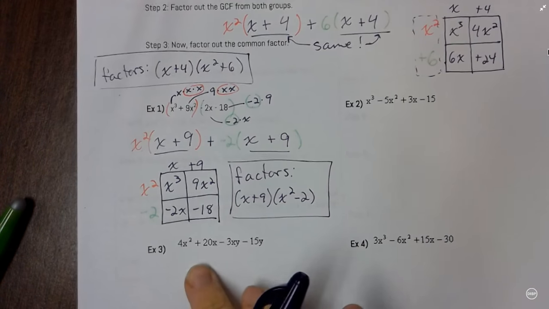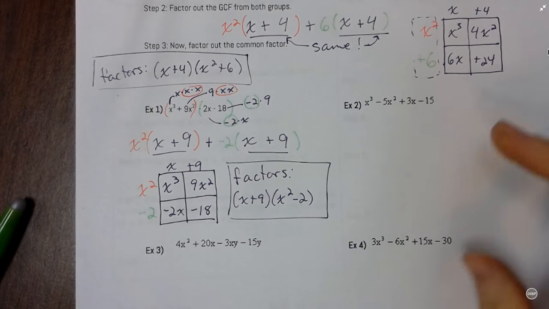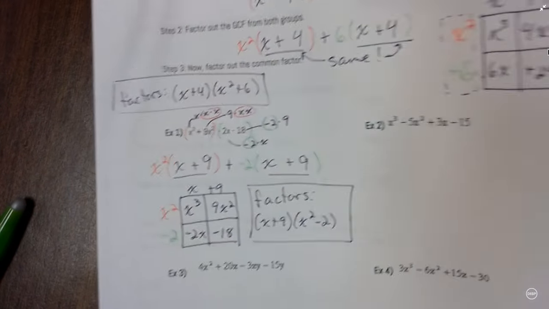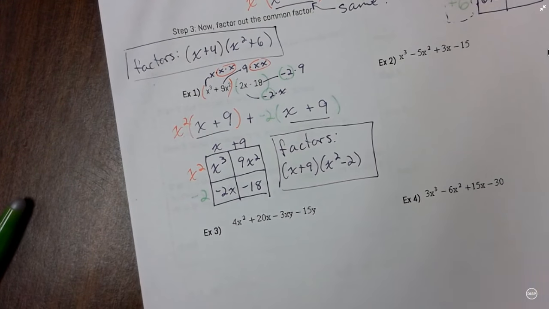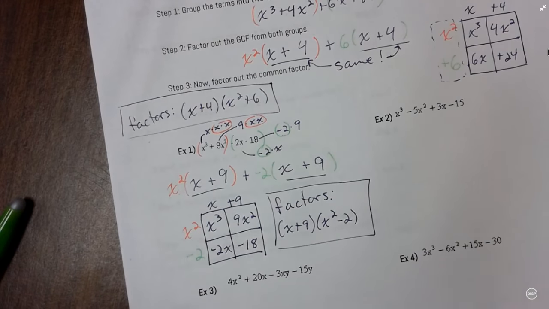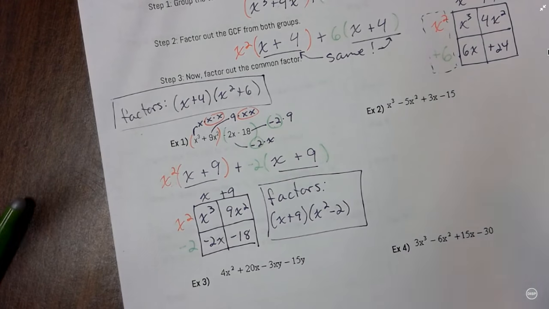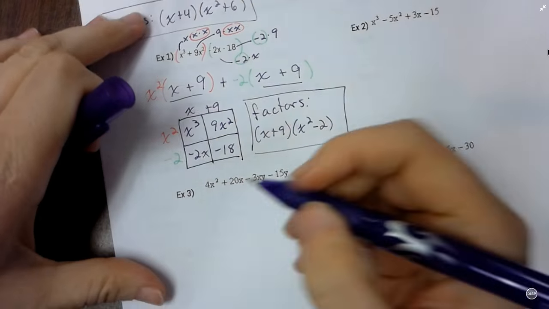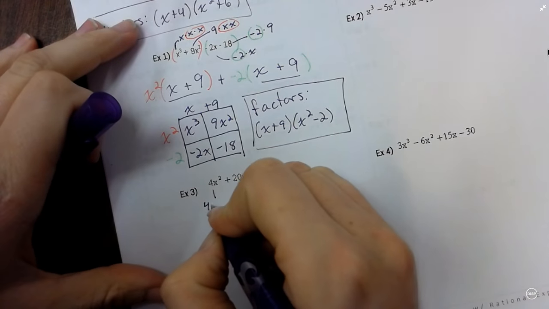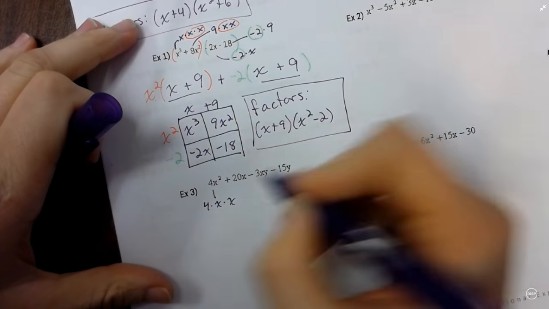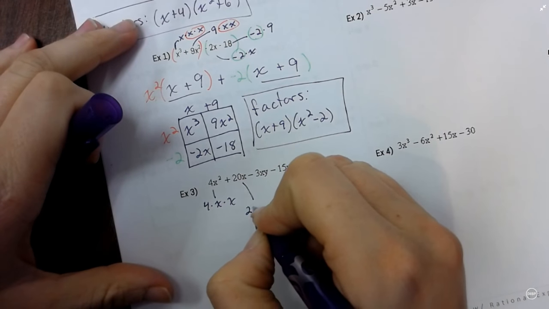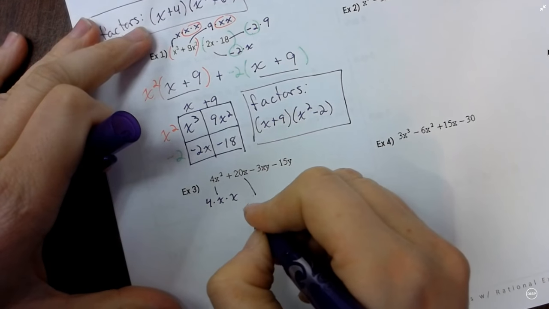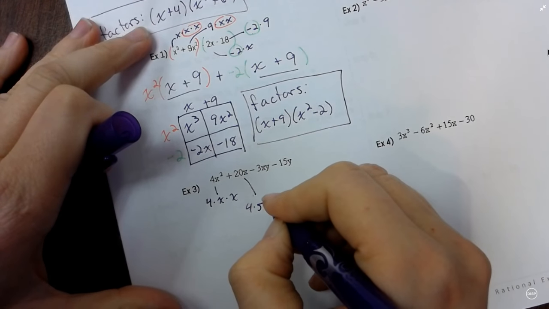Okay, so I'm going to do 3 with you, and then I want you guys to try 2 and 4 yourselves. So number 3. So we're going to group, let's see. 4x squared is 4 times x times x. 20x is, well, let's factor the 20. 20 is 4 times 5 times x.